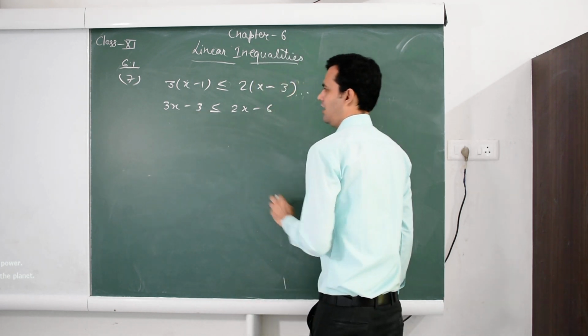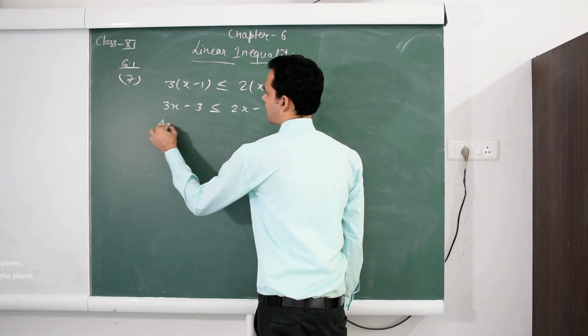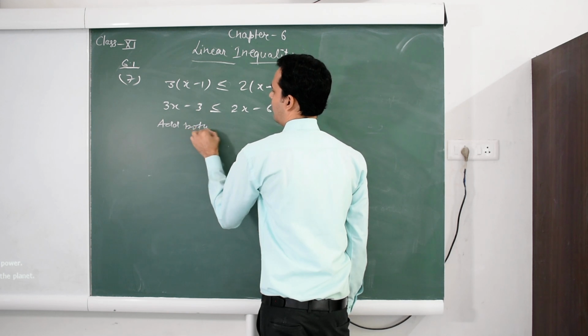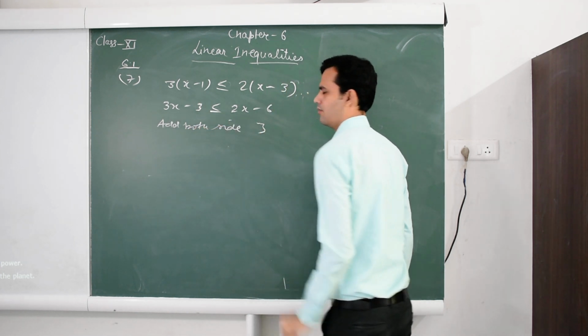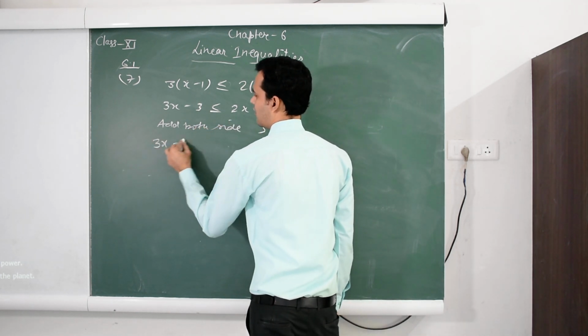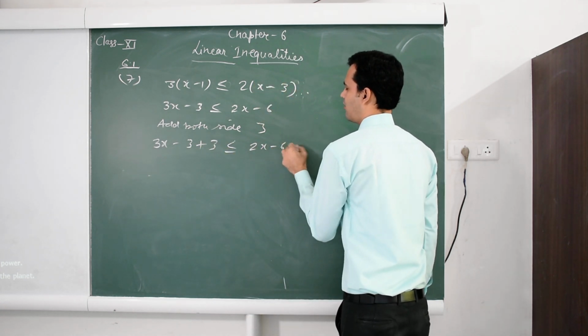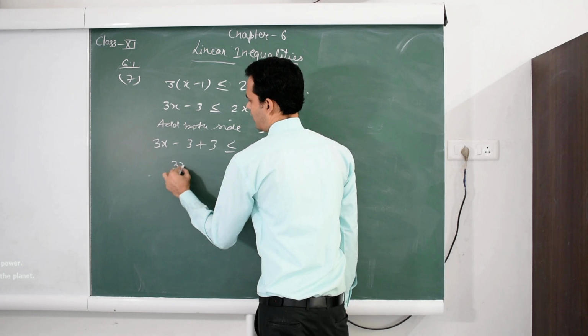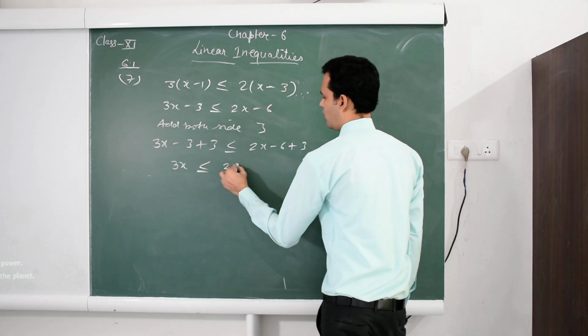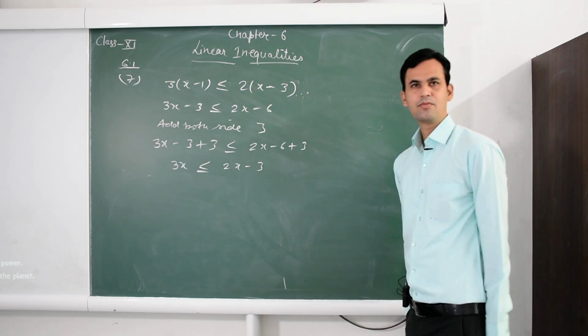Now on both sides we add 3. So 3x minus 3 plus 3, 2x minus 6 plus 3. So here 3x less than or equal to 2x minus 3.